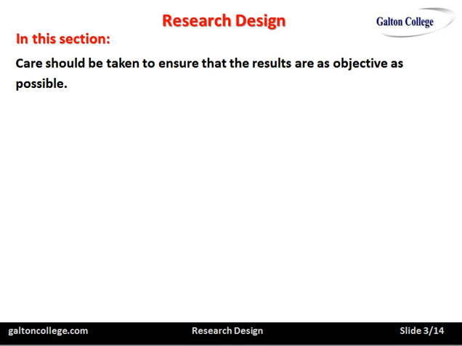Objective results are seen as far more reliable. If there's subjectivity, then there's bias, there could be misunderstanding, there could be confusion. So subjectivity may not lead to good decision making.